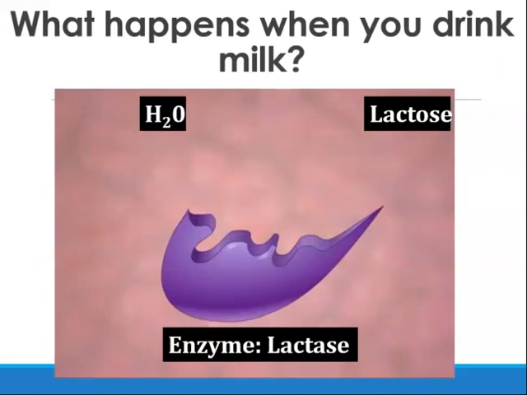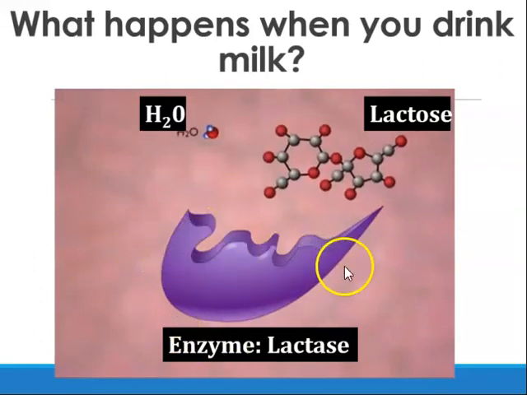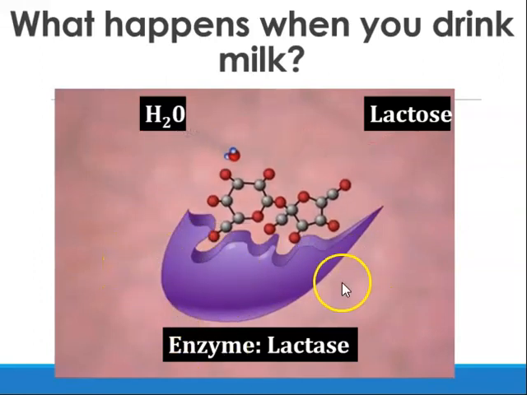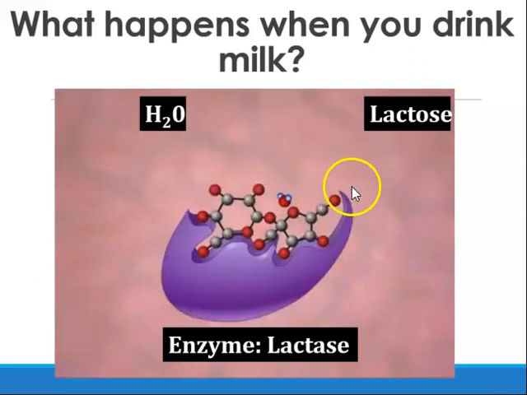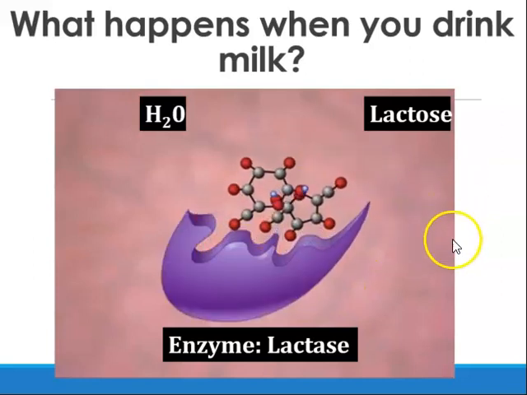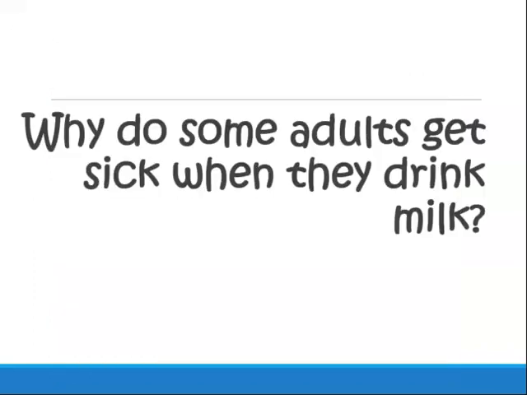These lactase enzymes are found in the brush borders of your intestines, allowing you to break down lactose. However, why do some adults get sick when they drink milk? If you are lactose intolerant, you basically no longer have that lactase enzyme in your intestines.